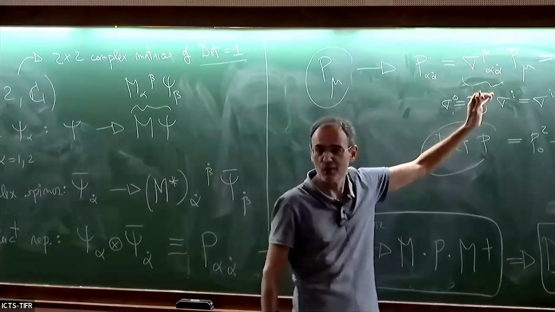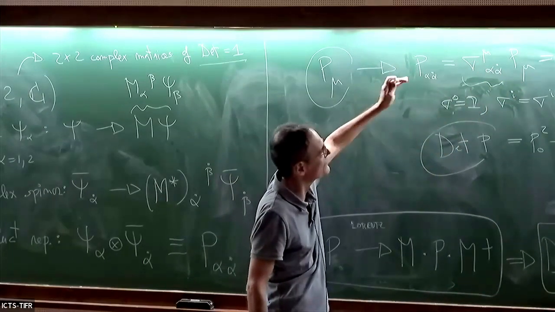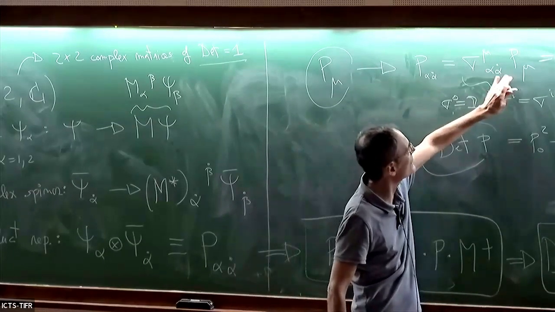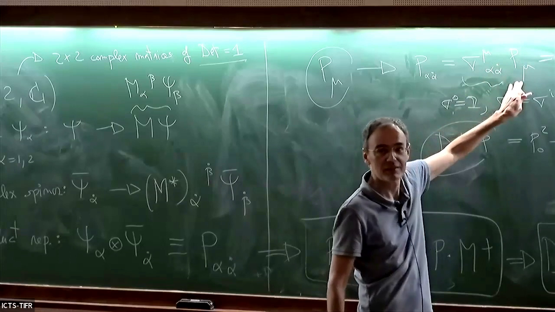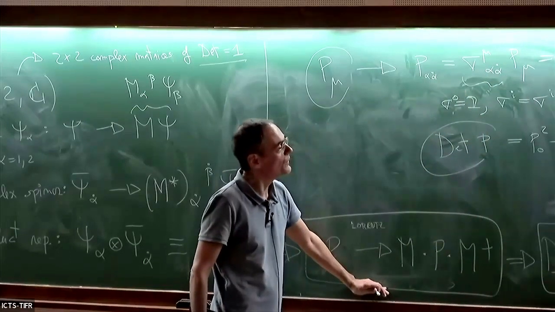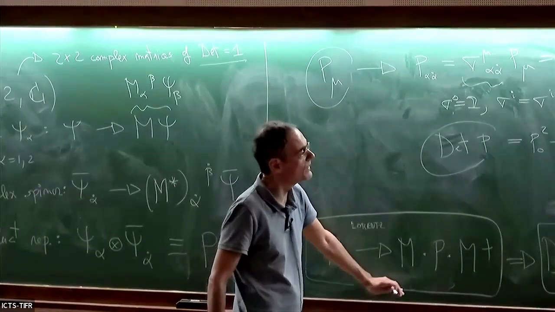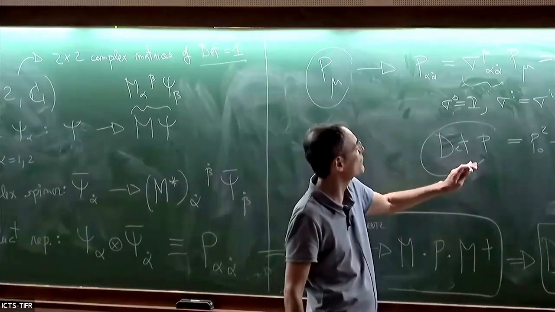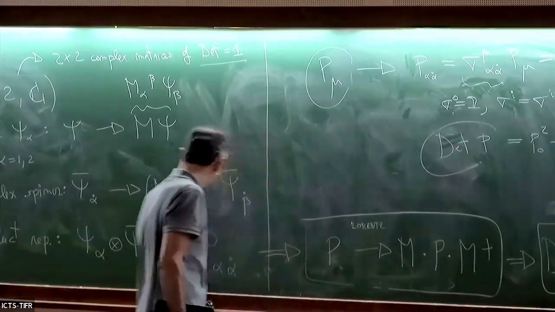I went here too fast, to show you that later on this is really the Lorentz transformation. If I write it like this, where P mu appears, the Lorentz transformation of this object is going to be equivalent to this point here.